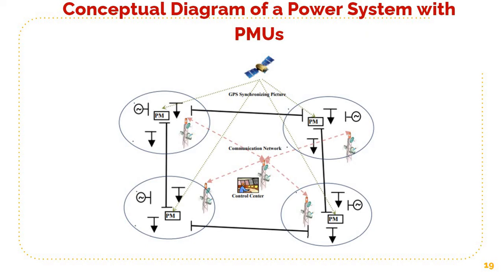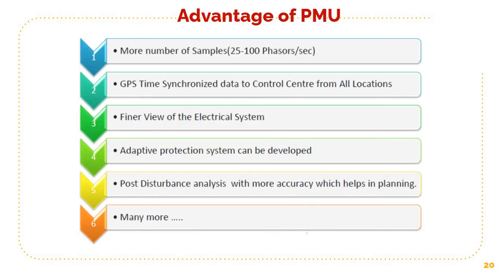The advantages of PMU are we get more number of samples, 25 to 100 phasors per second. The signals are GPS time synchronized to control center from all locations. We get a finer view of the electrical system. We can employ adaptive protection system.